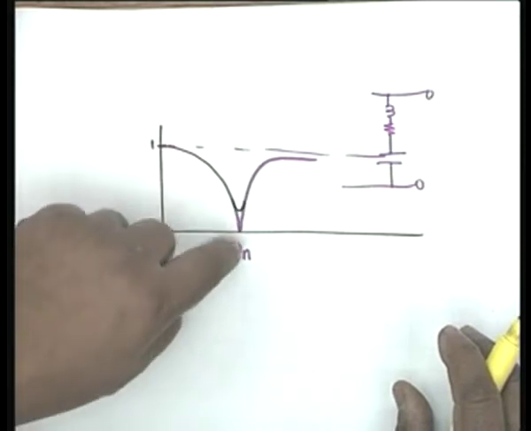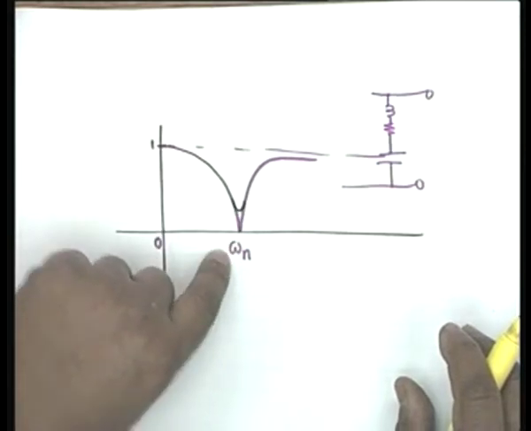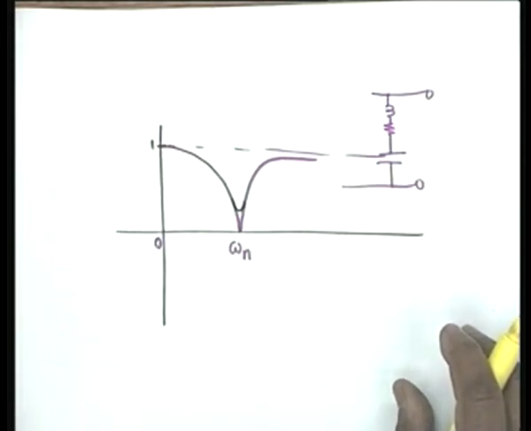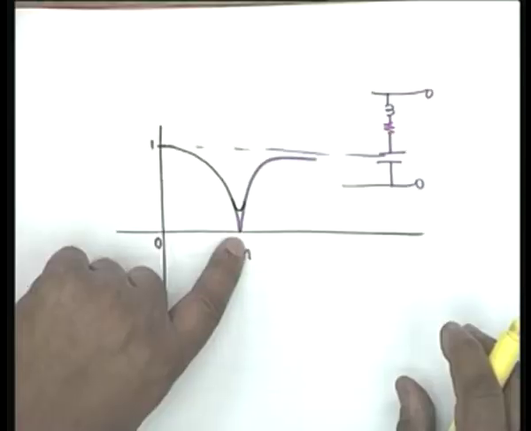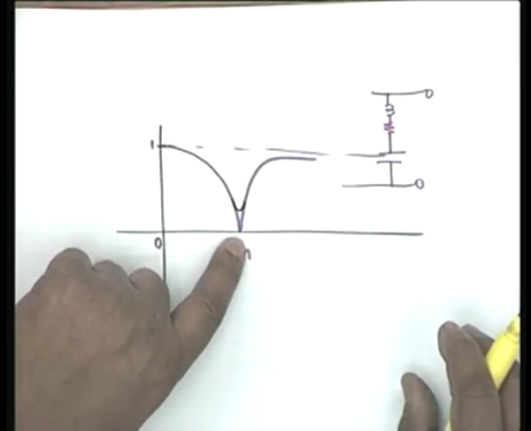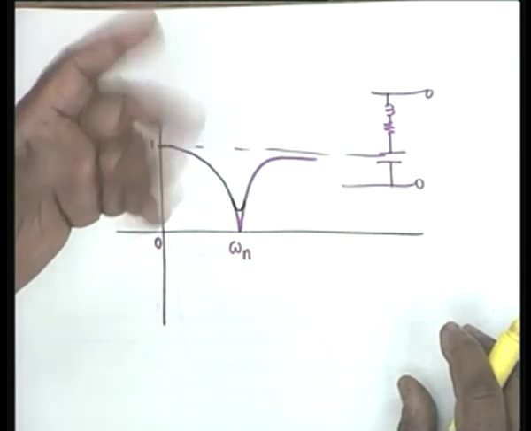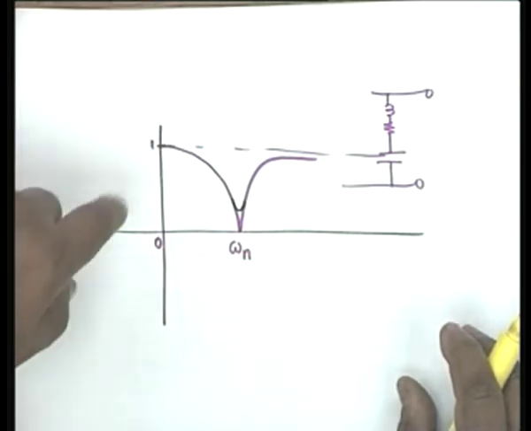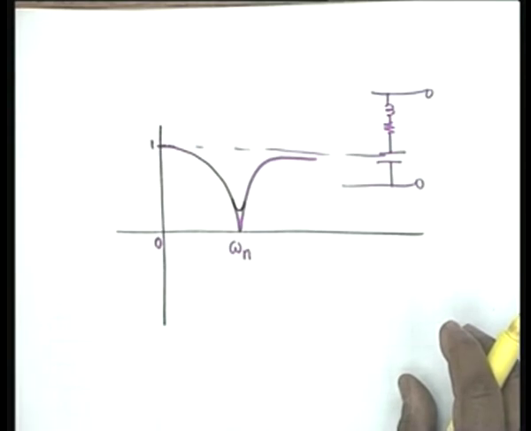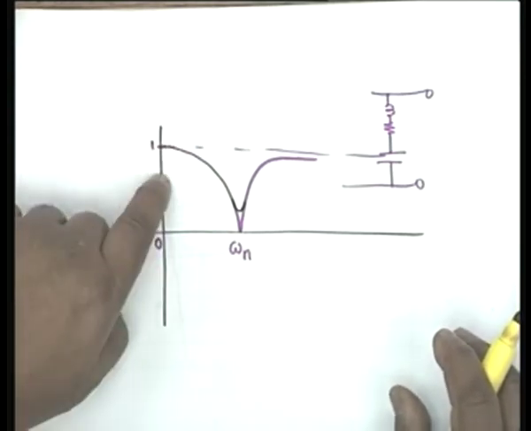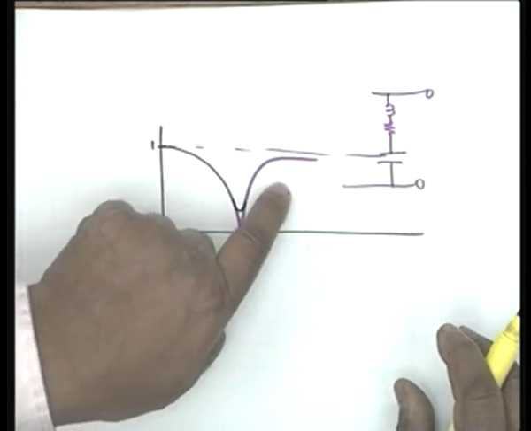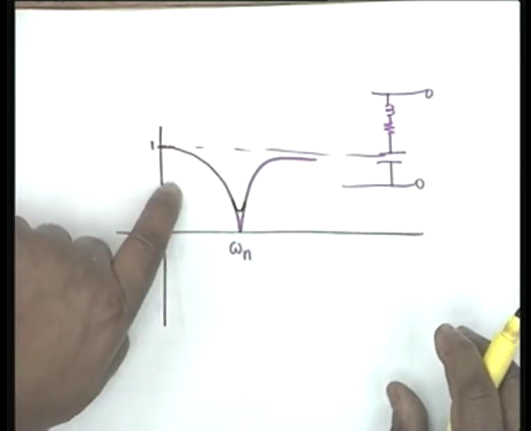It has nothing to do with omega n. It is not a selective response, not a high Q acceptor type of response. It is a rejection response. The value at omega n is 0, and 1 by root 2 of 0 is also 0. So the half power frequencies always refer to the maximum, which is 1, and you have to find out where the value is 1 by root 2.